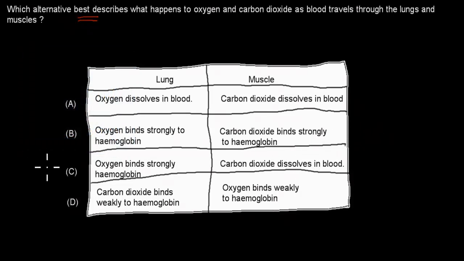Welcome back. So the actual correct answer for this one is C. And the reason why is because at the lungs, oxygen binds strongly to hemoglobin, that's correct. And most likely carbon dioxide travels as bicarbonate ions, so carbon dioxide is dissolved in blood. So this is the most correct, even though carbon dioxide also travels as carbaminohemoglobin.